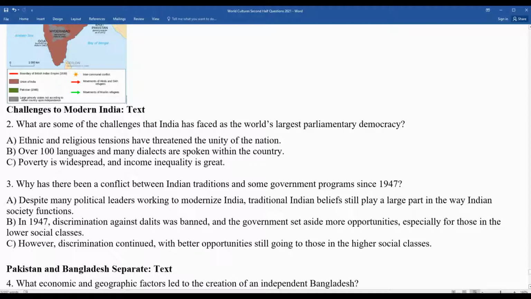In 1947, discrimination against different groups was banned, and the government set aside more opportunities, especially for those in the lower caste system. We didn't really talk too much about it, but I'm sure you've learned before about the Hindu caste system and how certain groups within the Indian culture are kind of looked down upon in the lower caste, kind of as the outcast. However, discrimination continued, with better opportunities still going to those who were in the higher social class system.